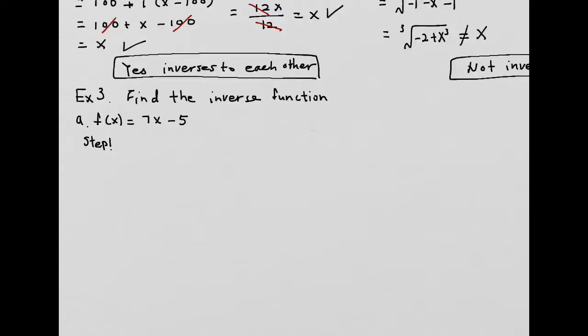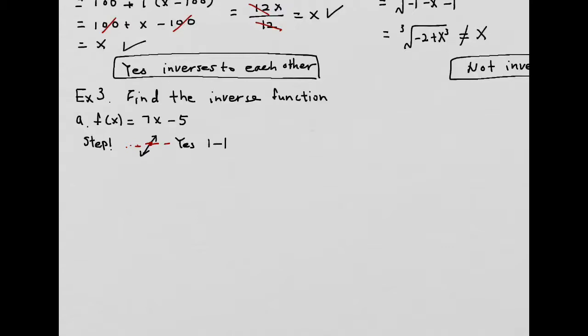This is a linear equation, and when you draw the horizontal line test, it passes because it only touches one point. So it will be a one-to-one function.